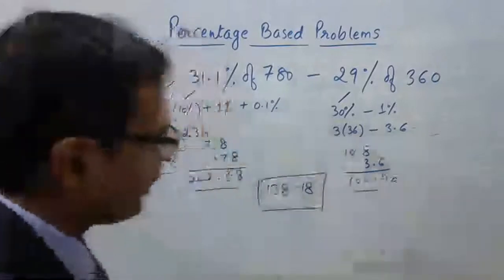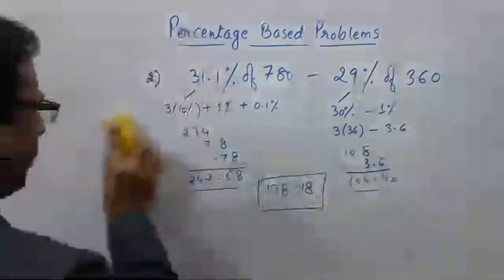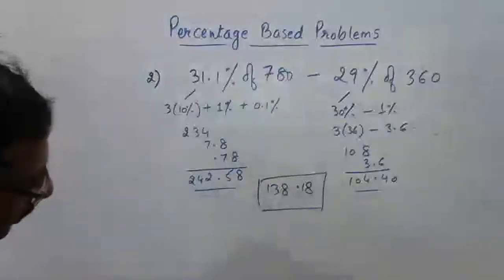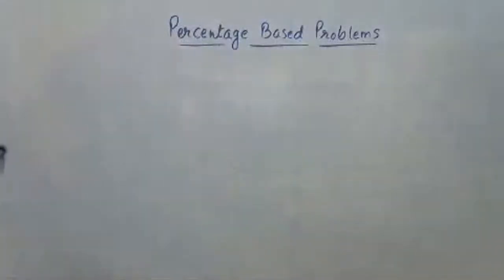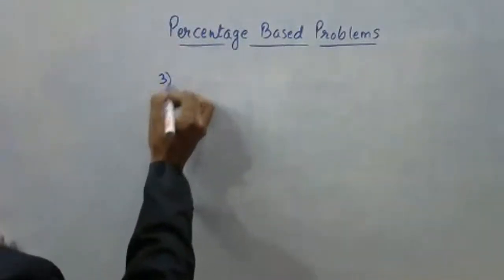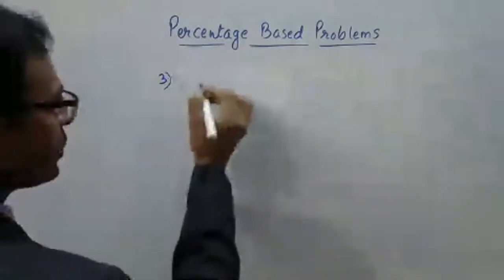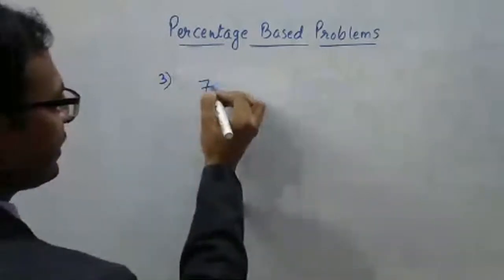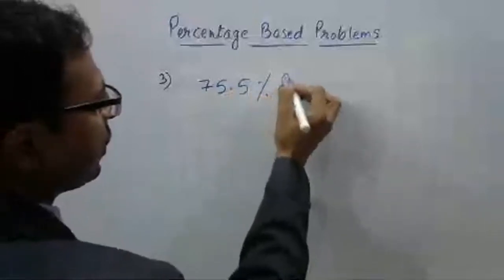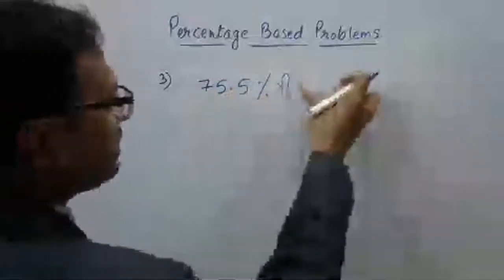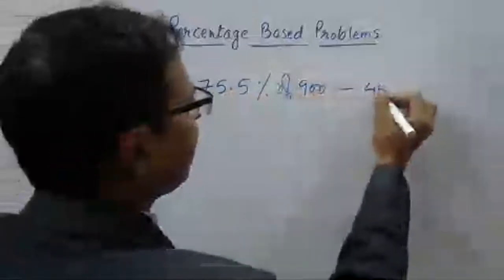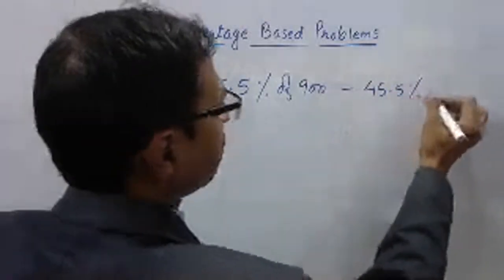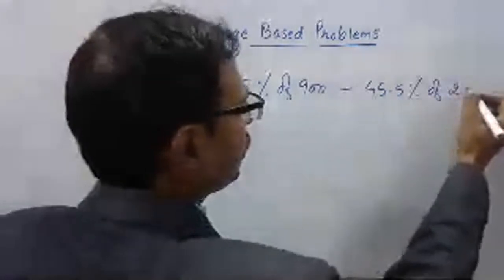So why did you get it wrong? That is a big question, and you can rectify the process. I'll give you one more question of this kind so that you can practice finding percentages through these non-traditional methods. Okay, we have another question of this kind. 75.5% of, I'll give you an easy one now, 900 minus 45.5% of 250.